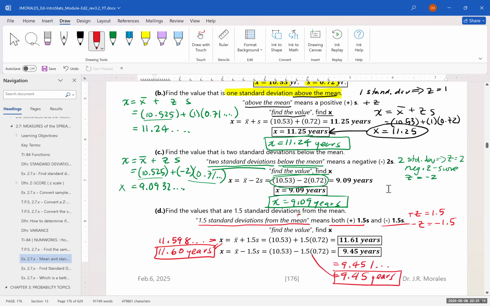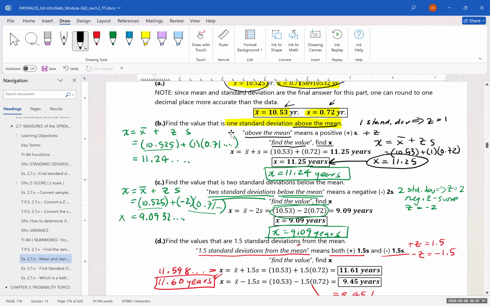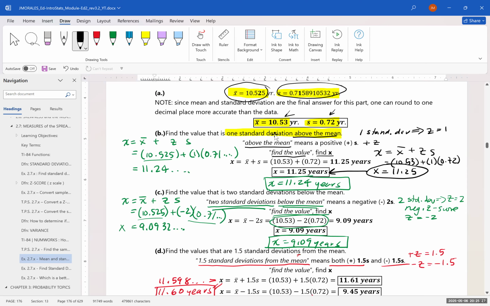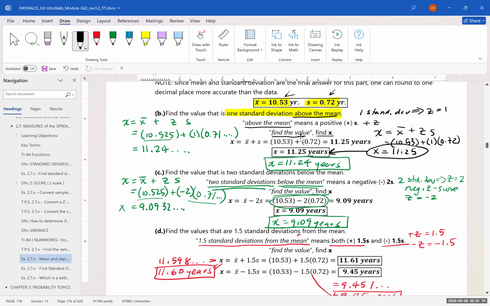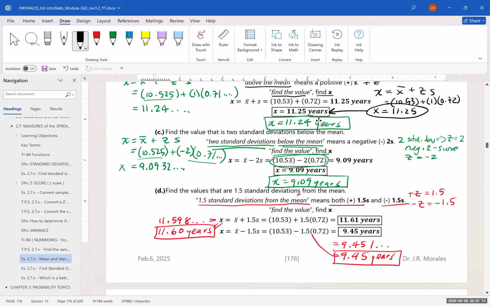So finally, what I want to say about this is that when it talks about looking for something that's 1 point something standard deviations away, hopefully what you just saw was that the number of standard deviations is actually equal to the z-score.